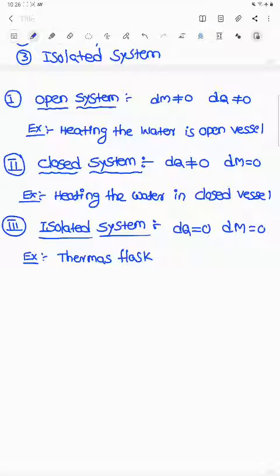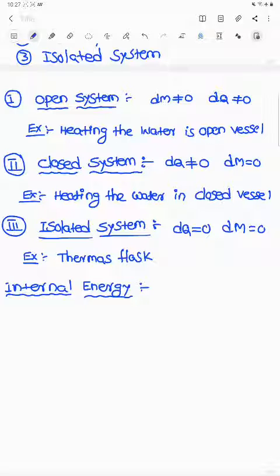Next one is internal energy. An important term of thermodynamics is internal energy. Internal energy means it is the sum of the potential energy and kinetic energy of the system.